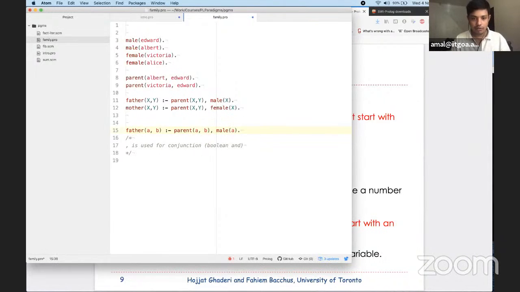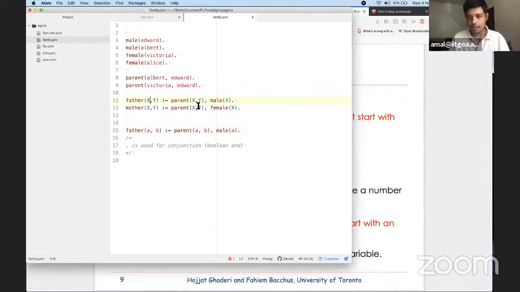These are the two things I have to prove. If I want to prove that the constant a is the father of constant b, then I have to prove that constant a is a parent of constant b and constant a is male. So this rule summarizes that for any value of X, I have to use the same value of X here and here.